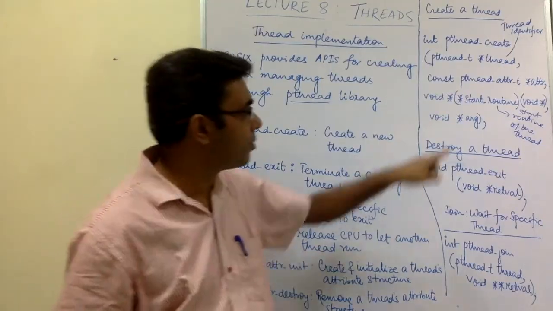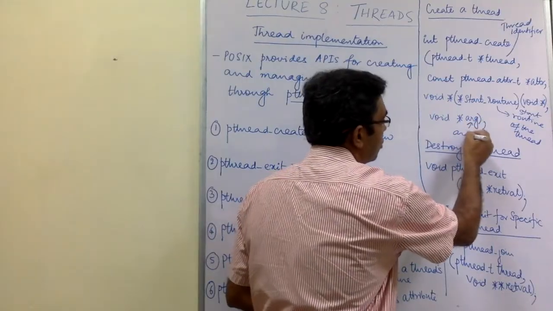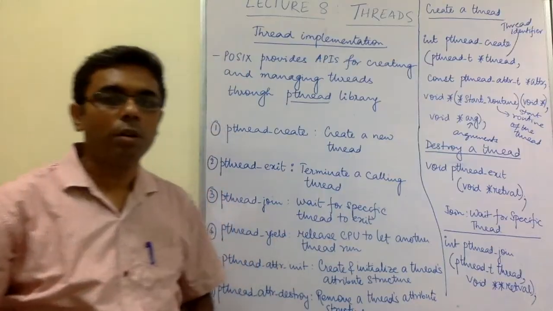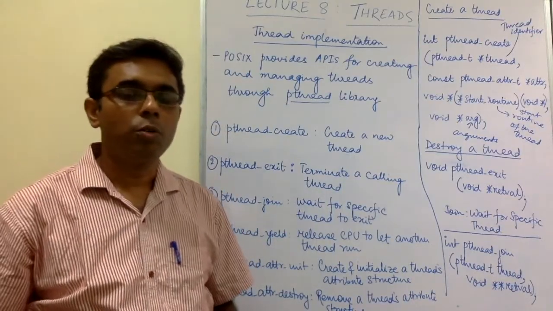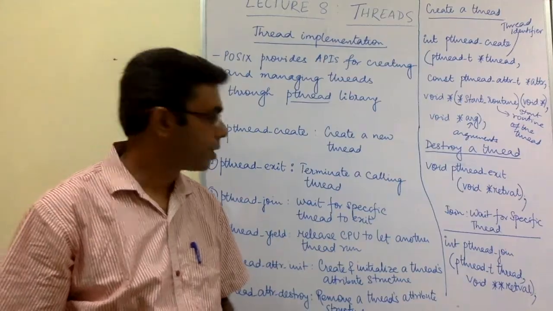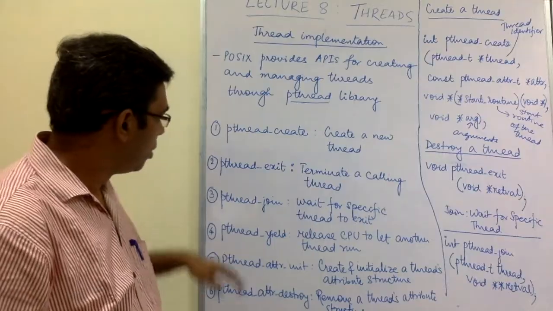A pointer to that is referred here. And then these are the arguments that you pass to the thread routine. So these are the 4 arguments that we need to pass to the pthread_create function in order to create a thread. We'll see usage of that with code.